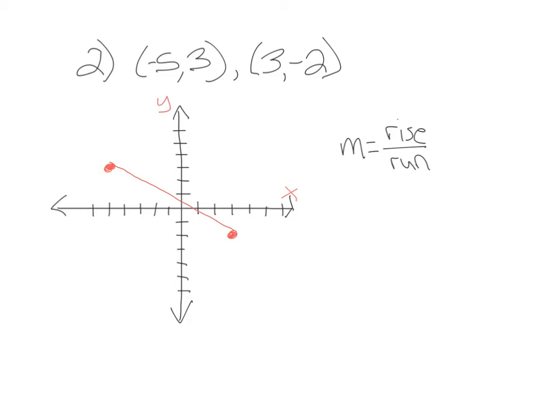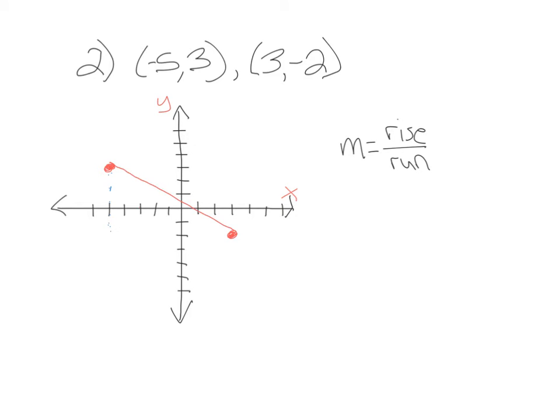And now we want to find our slope, the rise over run. Couple ways we can do this. I'm just going to start on the left side. At this point, if I want to get from here to here, I have to go down 1, 2, 3, 4, 5. Let me just draw that in there.